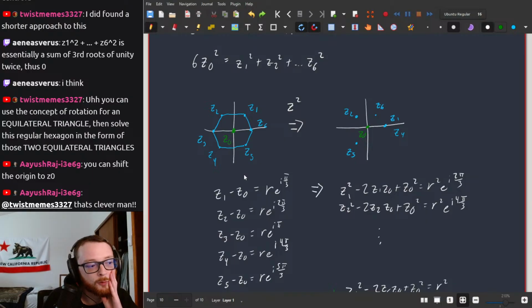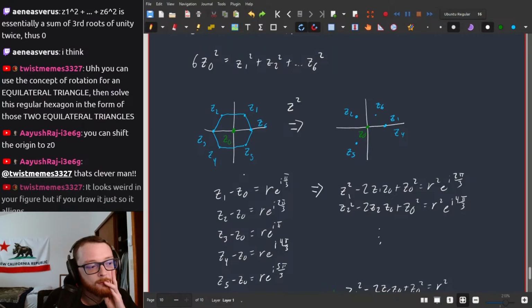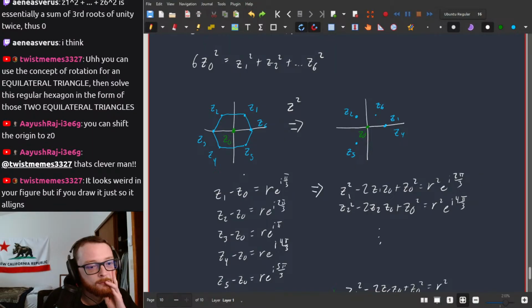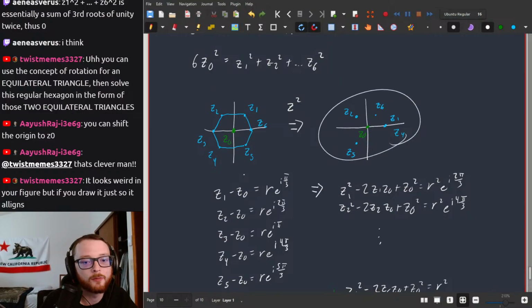How do you split it up into 2 equilateral triangles? Oh, you're saying like this we can get 2 equilateral triangles.